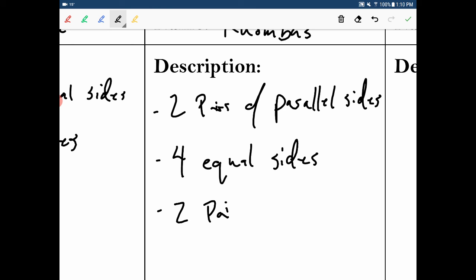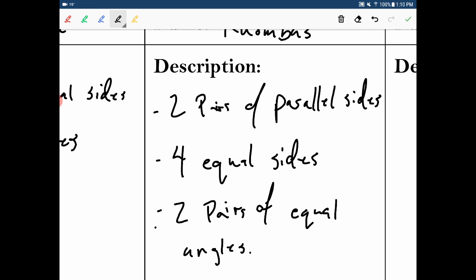Actually, if you have two pairs of parallel sides, this will be true no matter what, but I think it will anyway. I can't think of a case where it's not. Two pairs of equal sides, or equal angles. Sorry, angles.